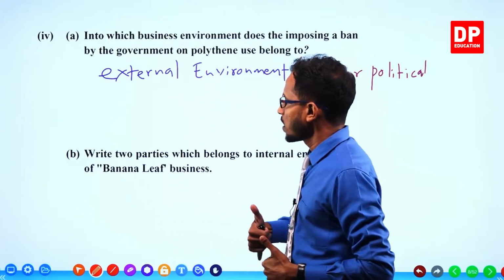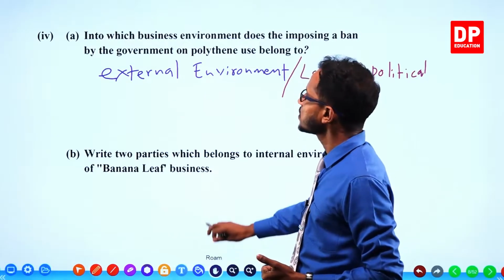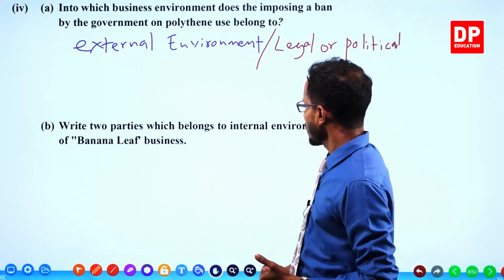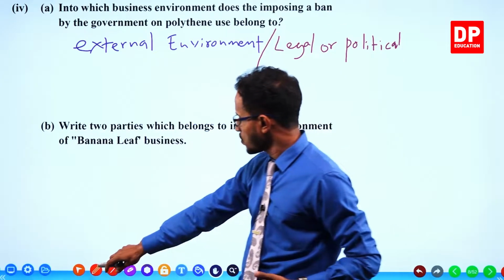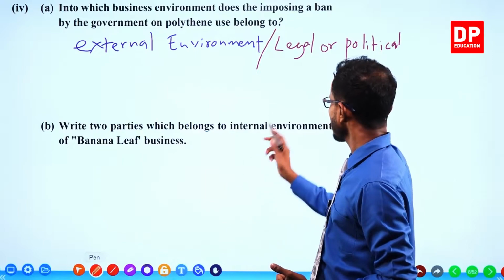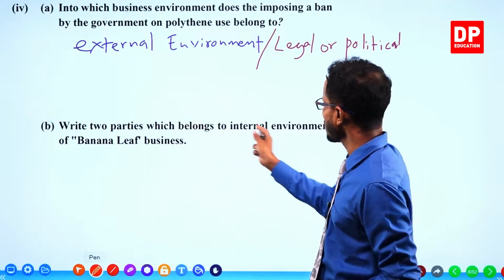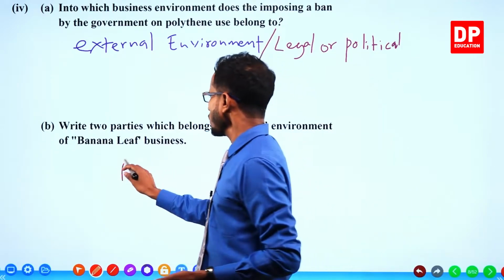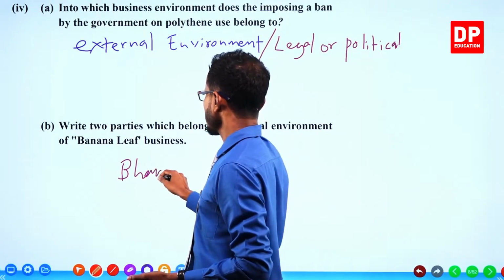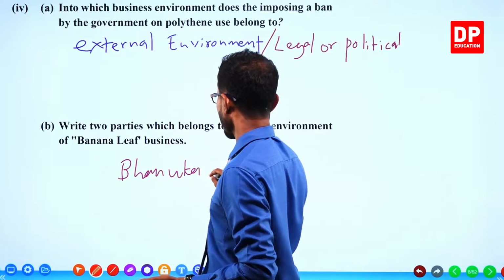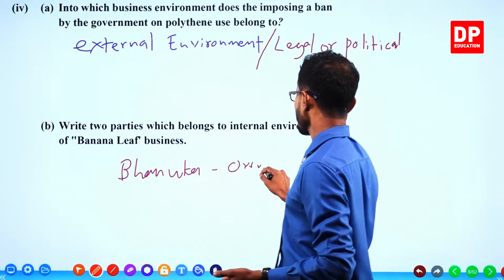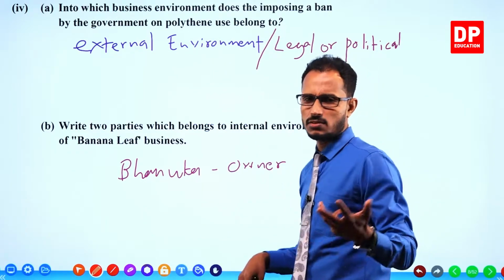Okay. Write two parties which belong to the internal environment of the banana leaf business. Of course, Bhanuka, the owner. Internal environment, the owner. Bhanuka, owner. Easy, no?